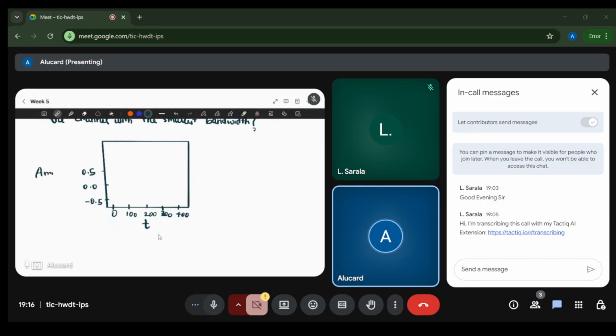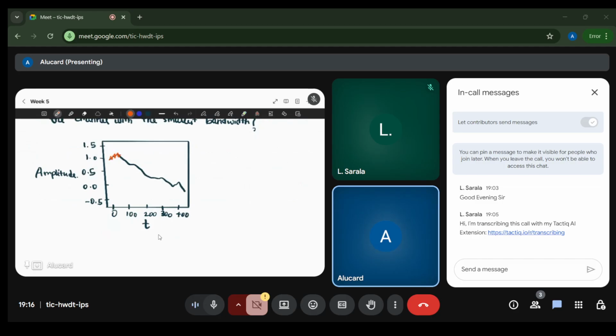It's the amplitude. So one of the impulse responses is like this.